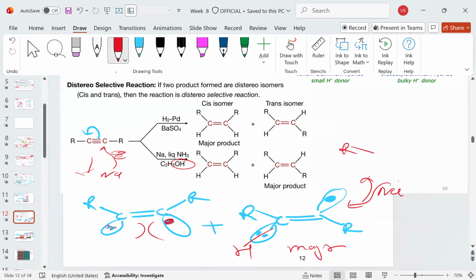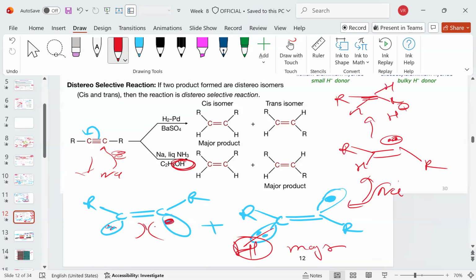We get this R hydrogen. So now it became an anion, or the two electrons, and again the abstraction of the proton. As in the first step I have just directly shown, this proton comes from this ethanol. Again it abstracts a proton, and we get the trans product as the major product.